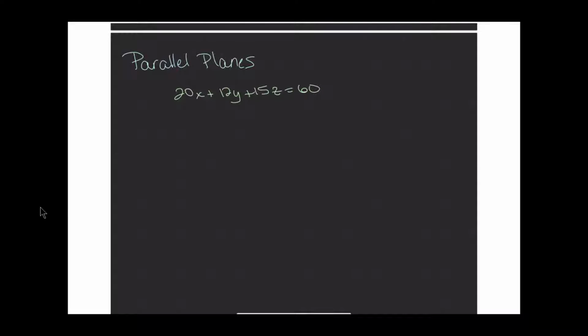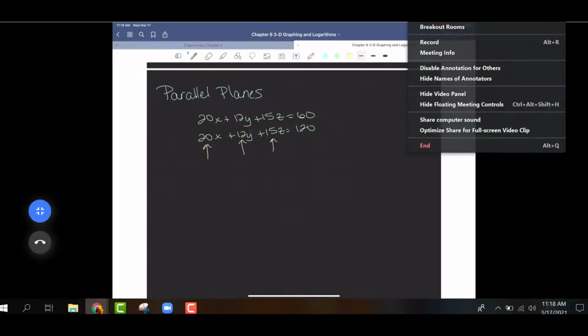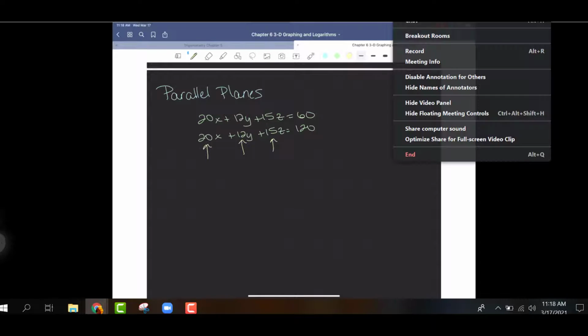And then the second one was 20x plus 12y plus 15z equals 120. So in order for these to be parallel, those coefficients all had to be equal, right? They had to be the same. And it's not just, if we go back to our graph, there's so many things open on my screen.